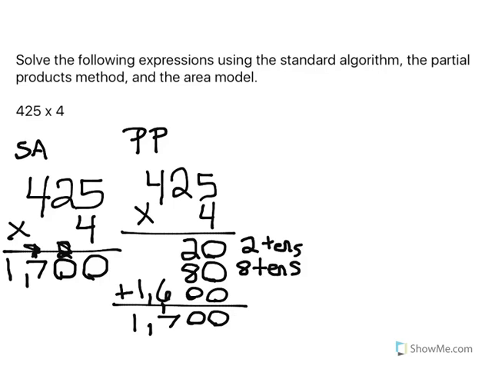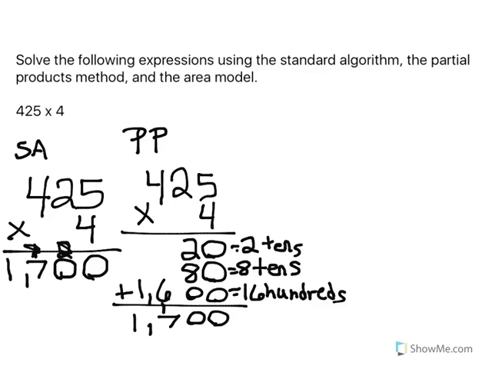And then when I did my 4 hundreds times 4, I got 16 hundreds. And that's how I got 2 tens equals 20, 8 tens equals 80, 16 hundreds equals 1,600, and then I just added those all up to get my 1,700.